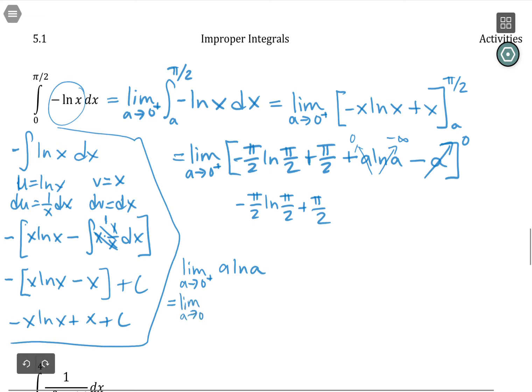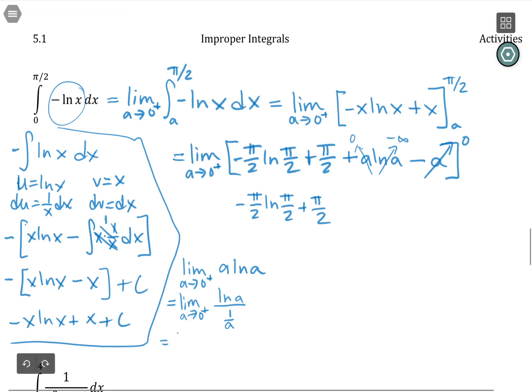I'm going to leave the natural log of a on the top, and remember that multiplying is the same as dividing by the reciprocal, or vice versa is how we usually use it. Dividing by 1 over a is the same as multiplying by a. So now as a goes to 0, the top's going to negative infinity and the bottom's going to positive infinity, which means L'Hopital's rule does apply.